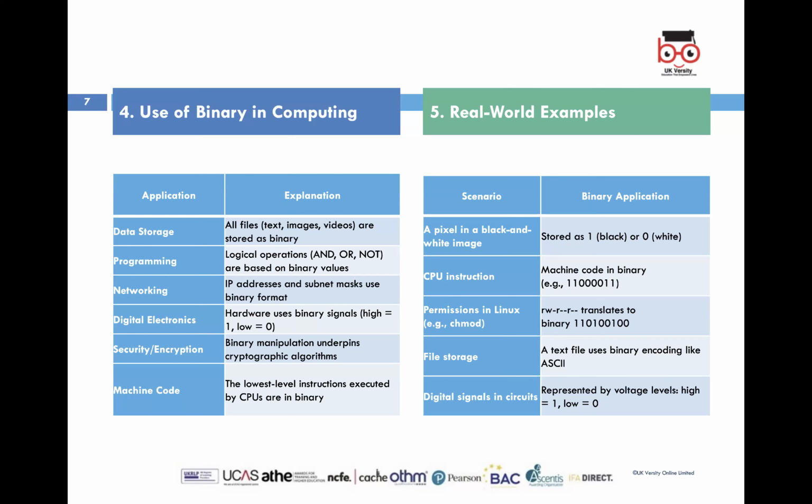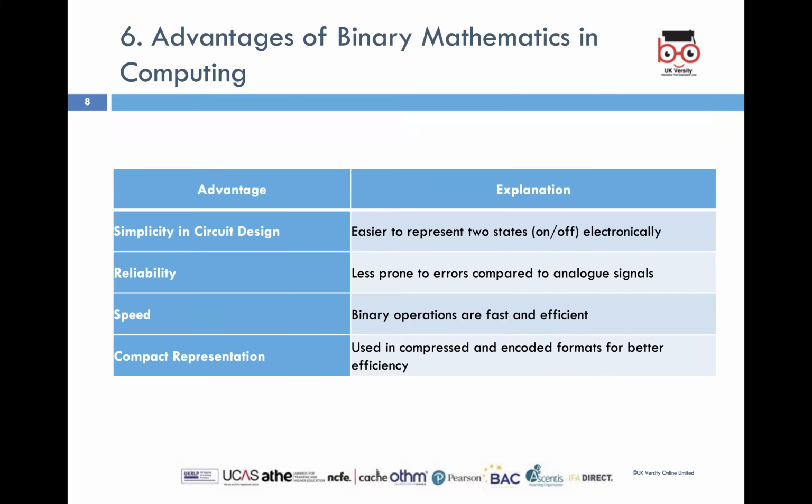Permission in Linux: rw-r--r-- translates to the binary 110100100. File storage: a text file uses binary encoding like ASCII. Digital signals in circuits are represented by voltage levels, high equals 1 and low equals 0.